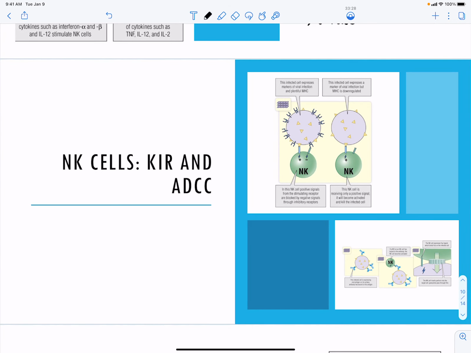So let's talk a little bit more about how your natural killer cell does this. So again, you have a virus-infected cell, and you have two outcomes.